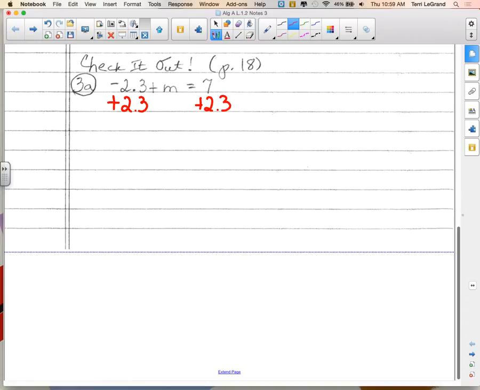Well, we have to do it on the other side also, remember, because whatever we do on one side, we do on the other to keep it balanced, to keep it fair. So when we add 7, on this side, remember they take care of each other. I can make 7 into a decimal by what? What do I have to do to it?